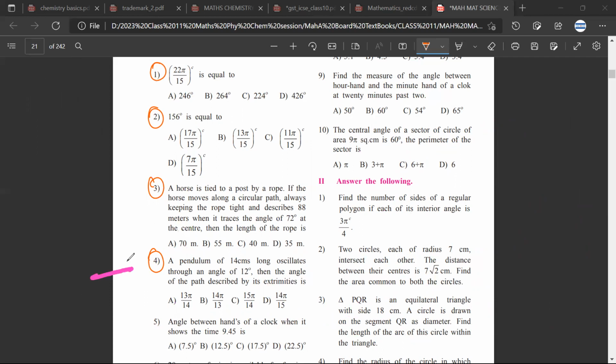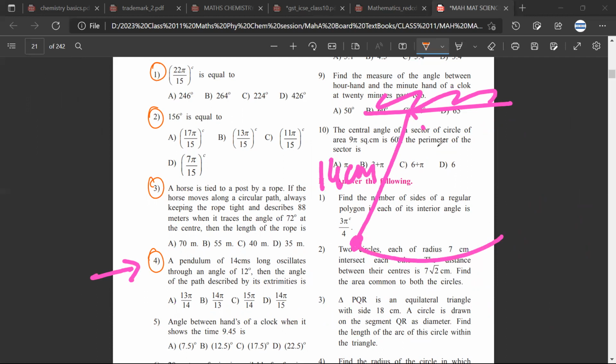So question number 4. A pendulum 14 centimeters long oscillates through an angle of 12 degrees. Then find the length of the path described by the extremity.